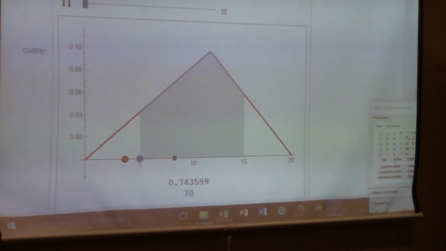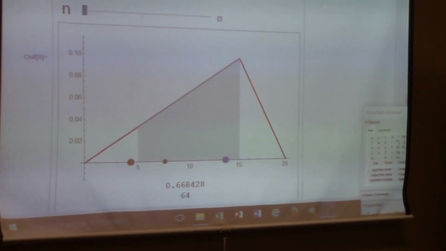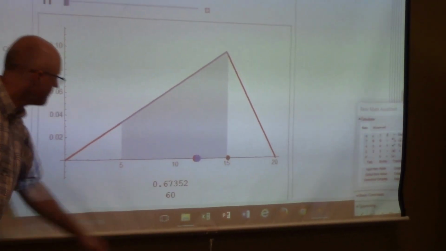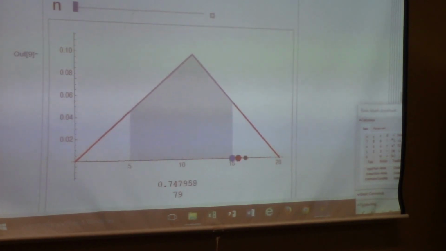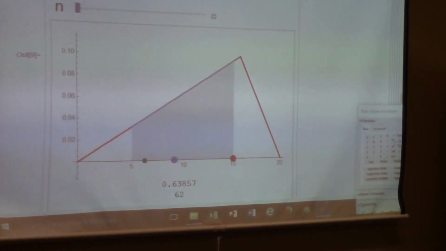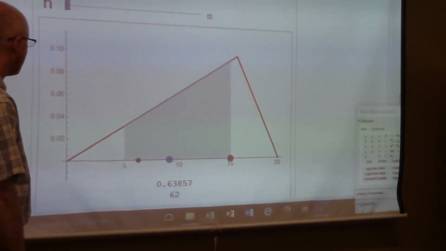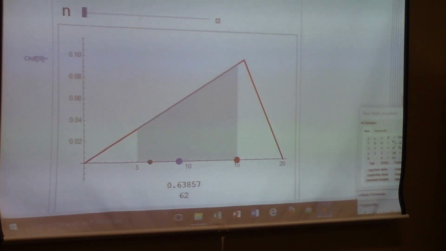The probability of being between 5 and 15 years looks like it's going down there. You see that that number there was going down compared to what it was when it was here. So that's one thing this more realistic situation would imply, is the probability of lasting between 5 and 15 years is less if the peak is up closer to 15 or 16 than if it was at 10.